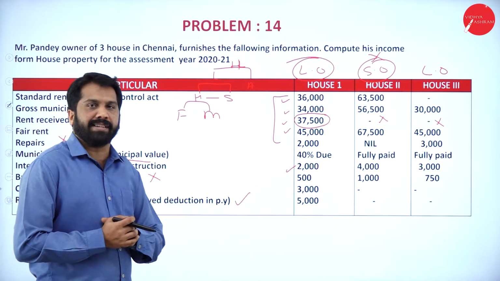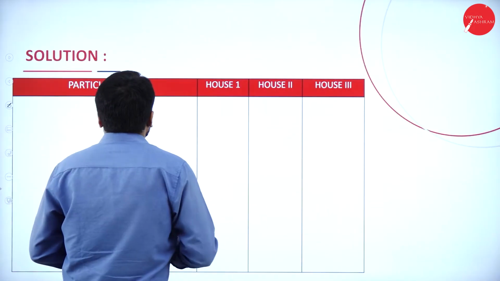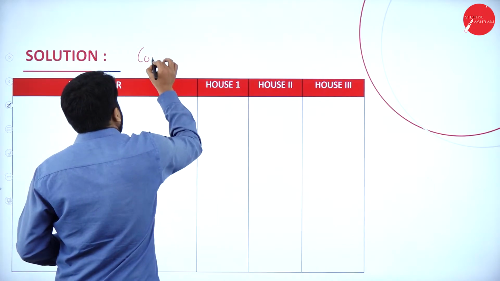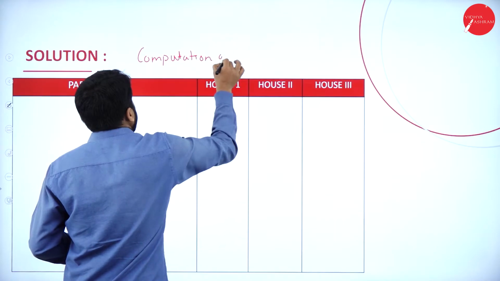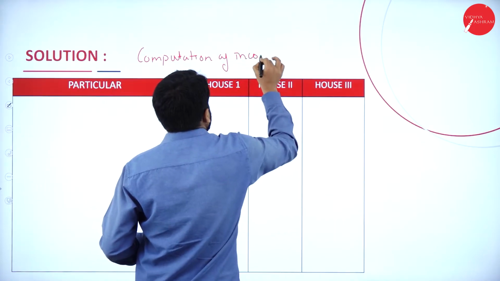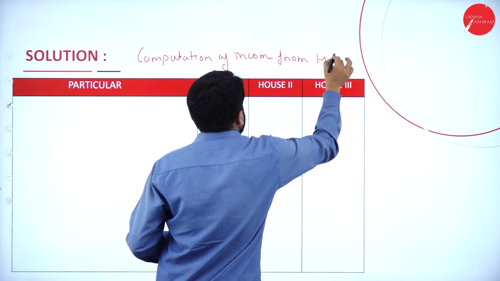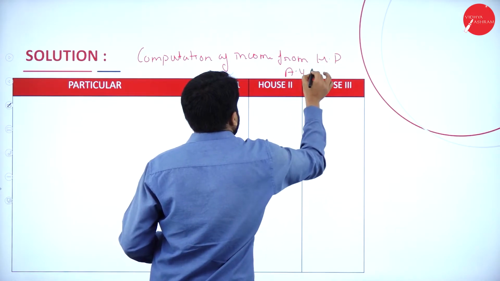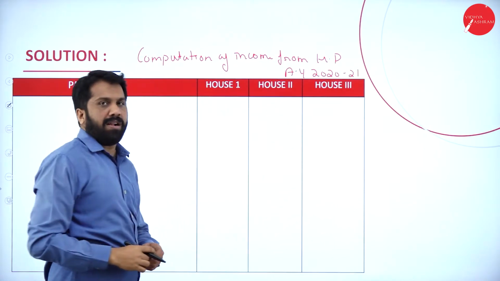Now, we're done with this. I'll go for the answer. So, computation of income from house property for the assessment year 2020 and 2021.